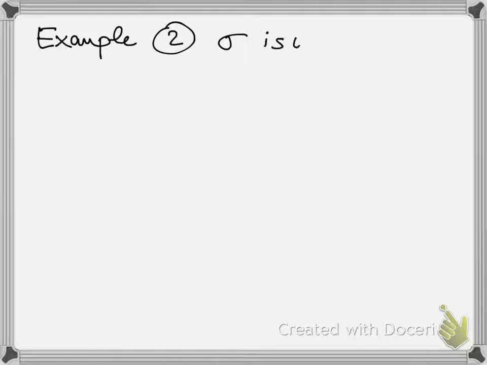So example 2, this is an example when sigma is unknown. Okay.